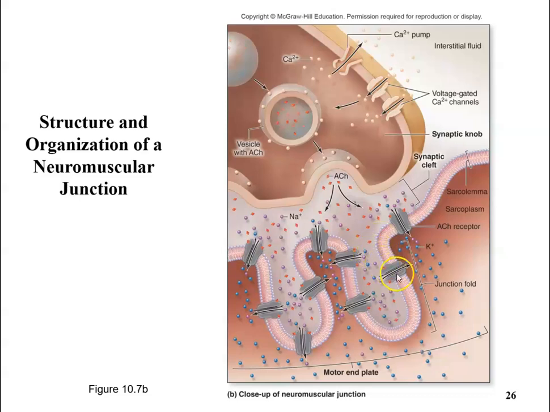What happens when sodium influxes is that it's going to change the membrane potential here, and it's going to send an action potential throughout the sarcolemma and down the T tubules into the myofibrils of the muscle cell. And then we will see actual muscle contraction here shortly.